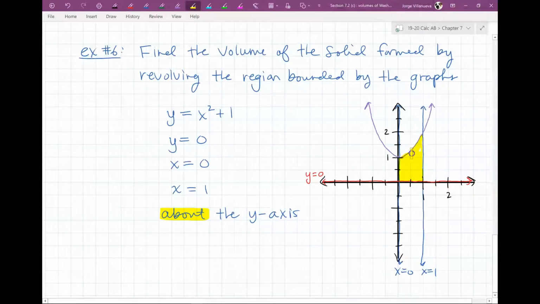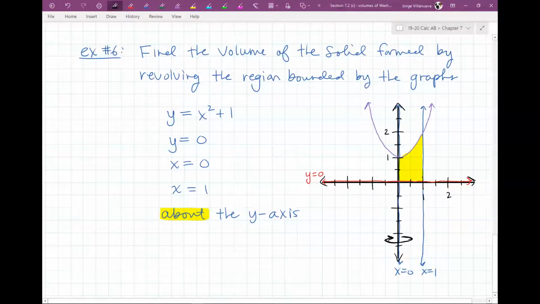And they tell me that we're going to be revolving this about the y-axis. Okay? So right here. So, I mean, this doesn't appear like it's going to be a hard problem to do, right? A very basic looking area. And I'm not saying it's going to be difficult, but it's not going to be as easy as just two functions.